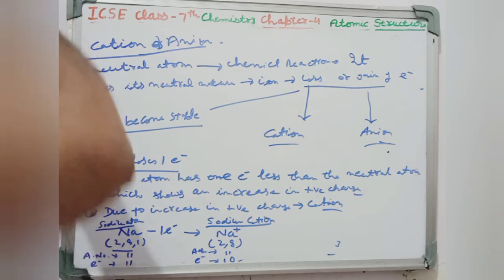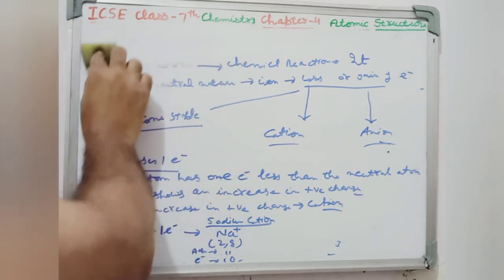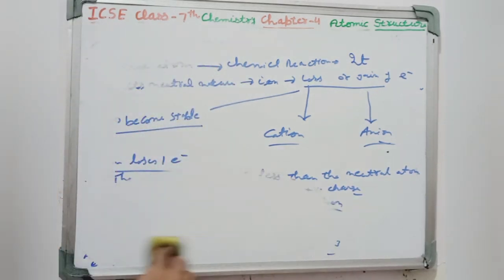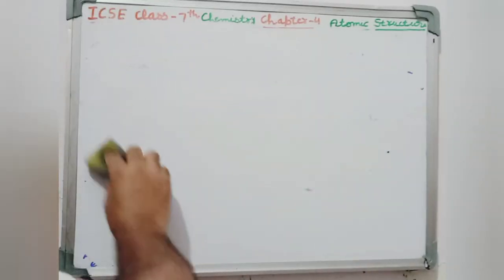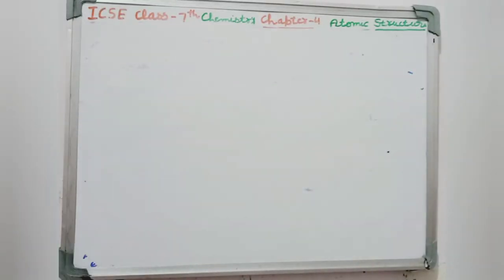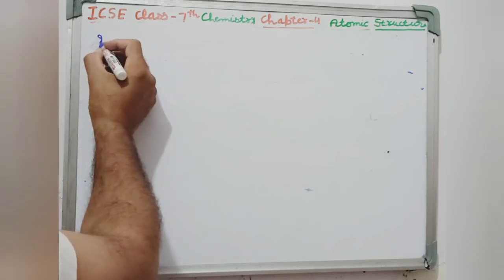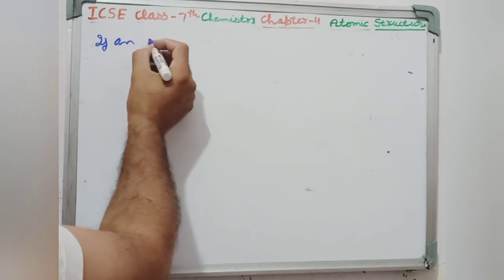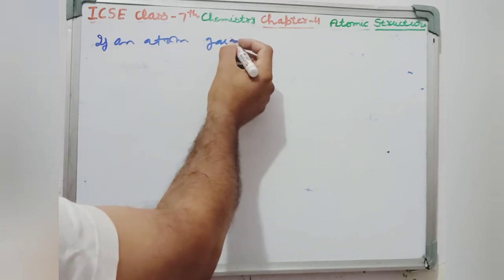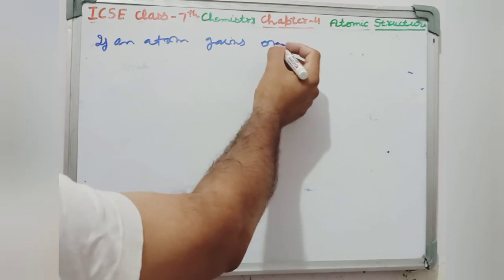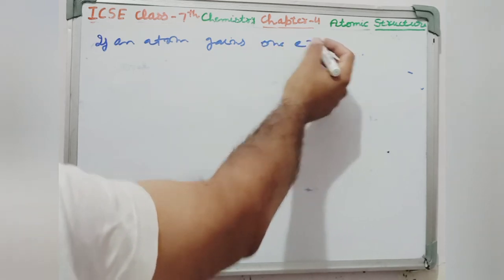Now we will see gaining of an electron. So if an atom gains one electron, what does it mean?